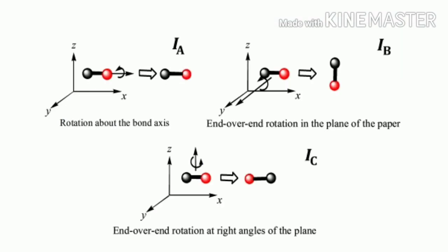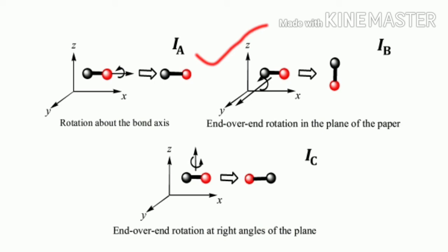Here in this slide you can see the moment of inertia in three directions. The first one is the rotation around the bond axis, and the moment of inertia is denoted by IA, in which the molecule is rotating along the x-axis. In the second figure, if the molecule is rotating along the y-axis, then it will rotate this way in the plane of this slide.